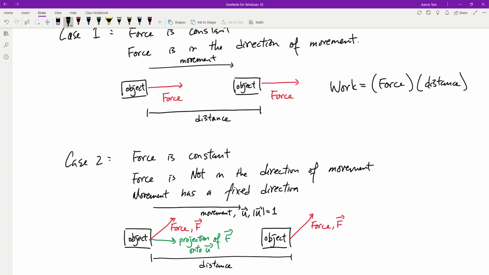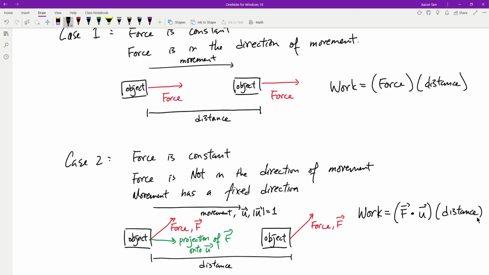Or in this case, all we need is the magnitude of the projection. If you look back in your notes, we learned it in chapter 1, I would say 1.4, when we learned about dot products, because it's defined through dot products. The work is actually F dot vector u multiplied by the distance traveled.